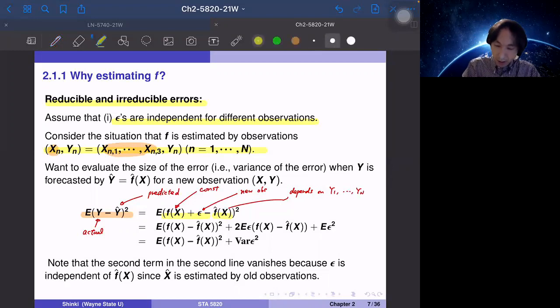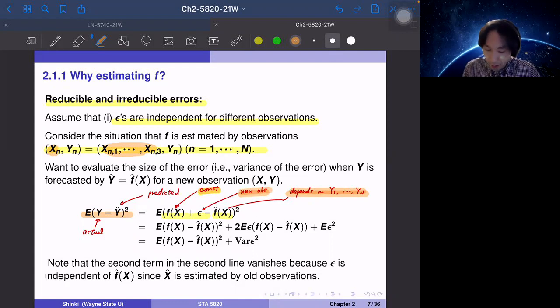So you can see that these components are independent. A constant is anyway independent from anything, so the constant, the new observation, and the training observations are independent. In the previous example, the 200 observations are in the training part, and we would like to make a forecast for the 201st observation.